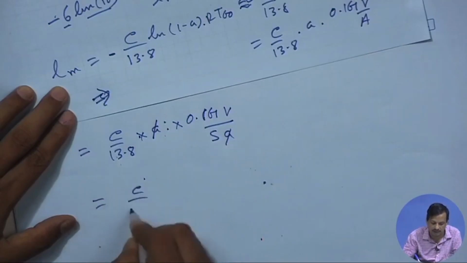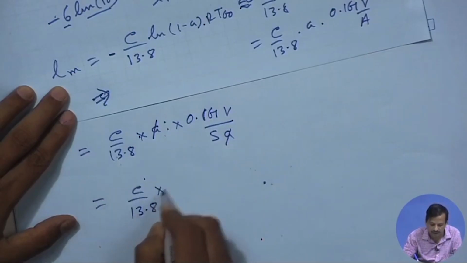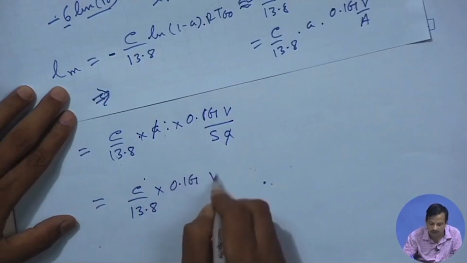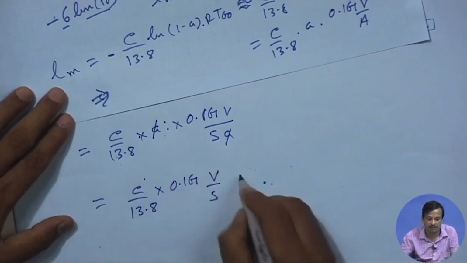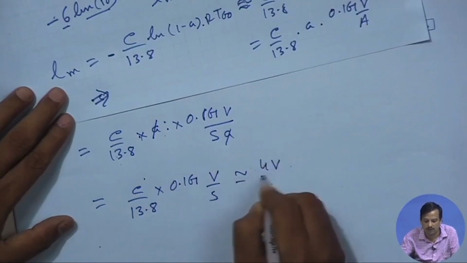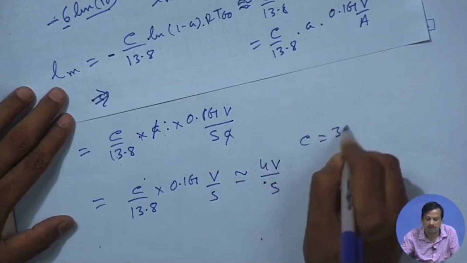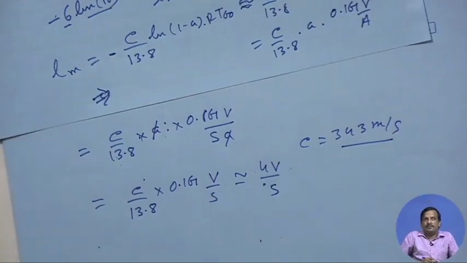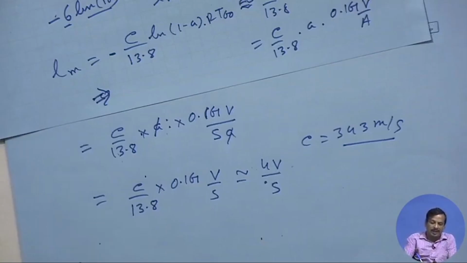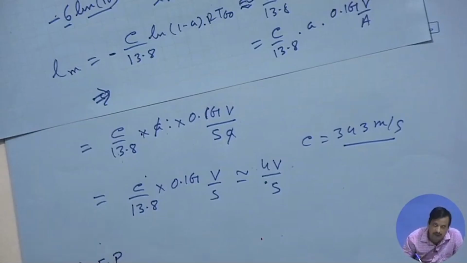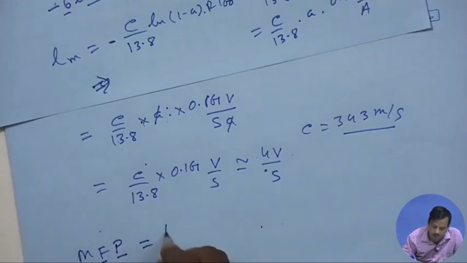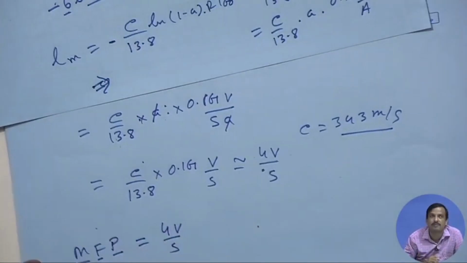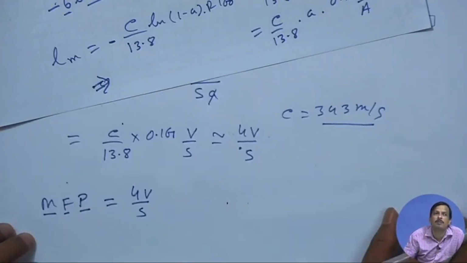So, it is nothing but c by 13.8 into 0.161 V by S, which will be equal to 4 V by S, if c is equal to 343 meters per second. So, Lm, the mean free path, MFP, is equal to 4 V by S.